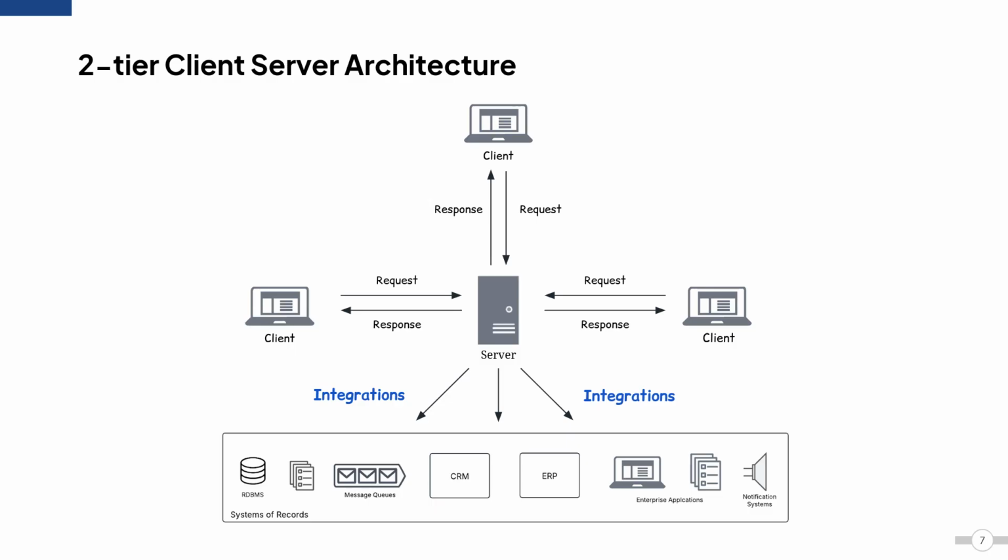And in fact, some of the architectures that we're going to talk about are an extended version of the client-server architecture, because there is a client and there is a server, and how the server is architected is what we will be looking at in the later sections on different architectural styles when it comes to integration.